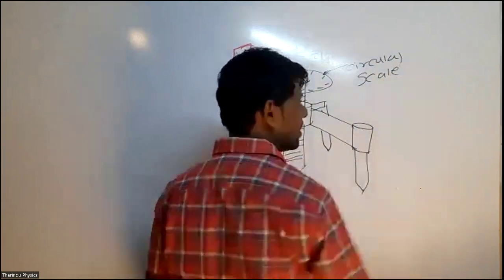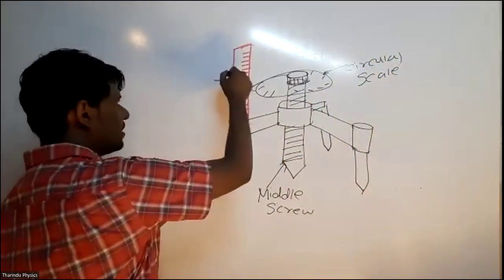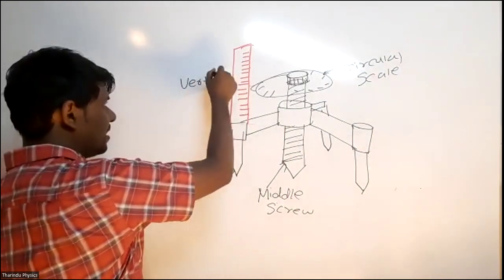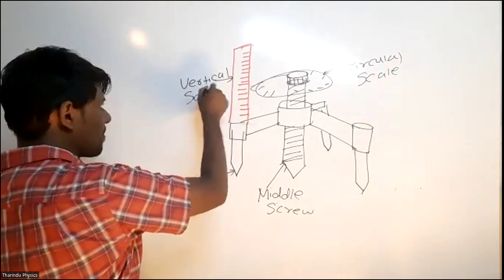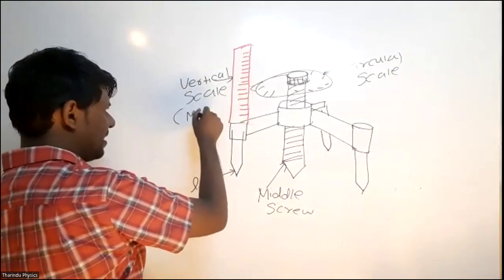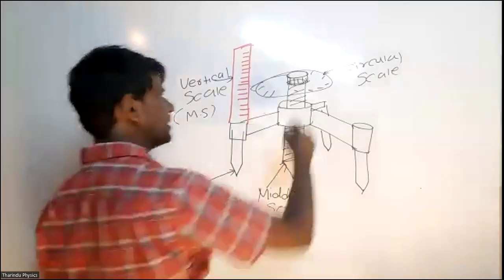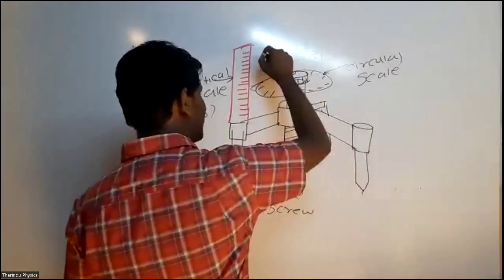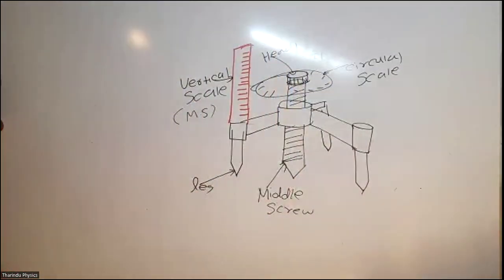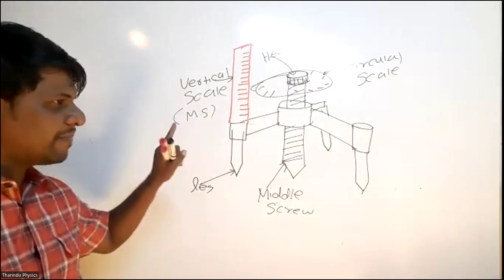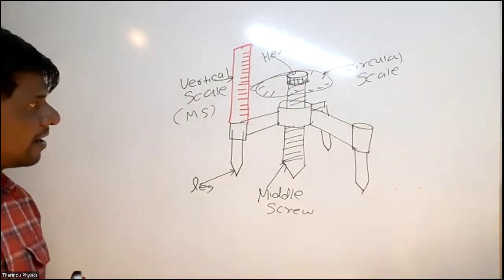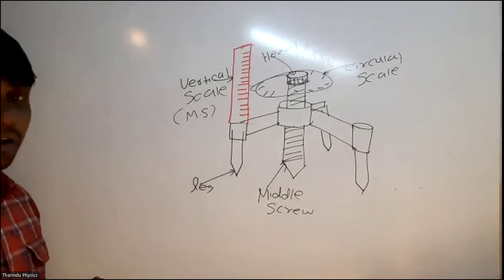And this one, we call it the vertical scale. Sometimes you can call it the main scale. And this part is normally called the head. That's it. This is a very simple structure, not a big deal at all.